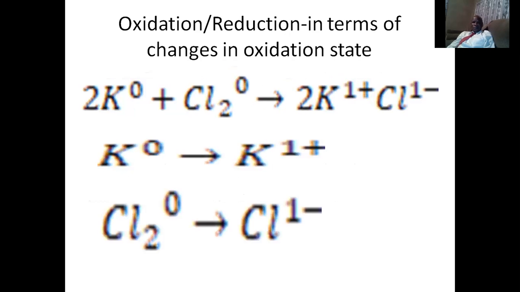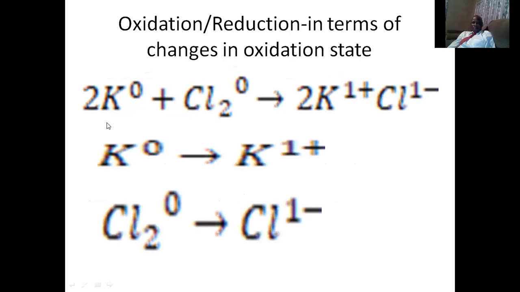Now, in terms of changes in oxidation state, we say that oxidation is the increase in the oxidation state. And so, what is an oxidation state?